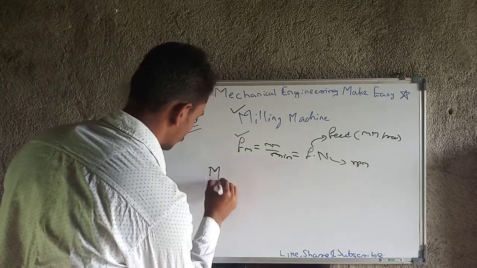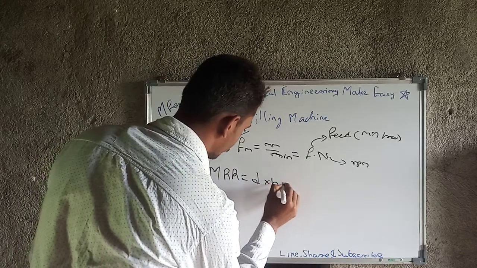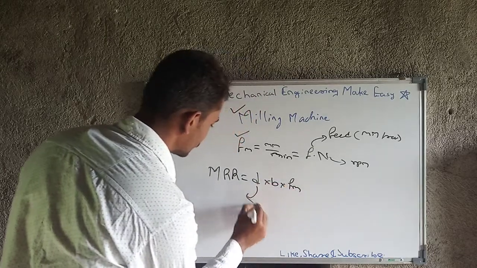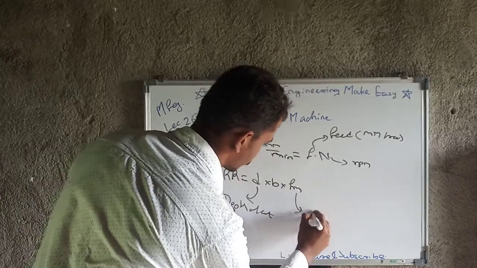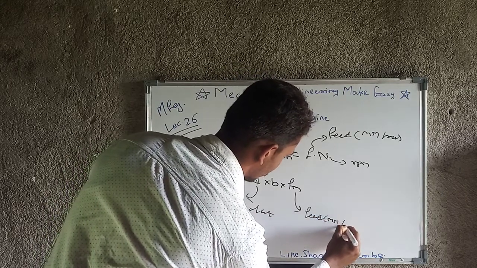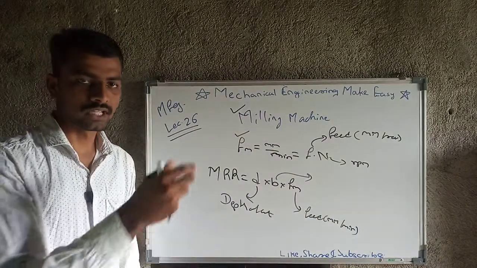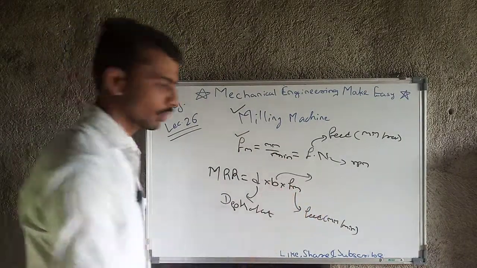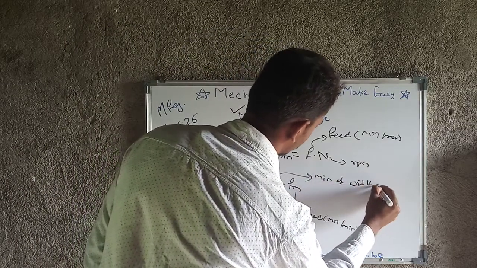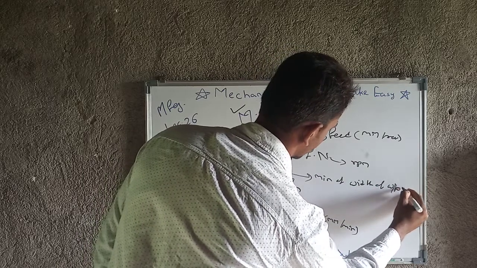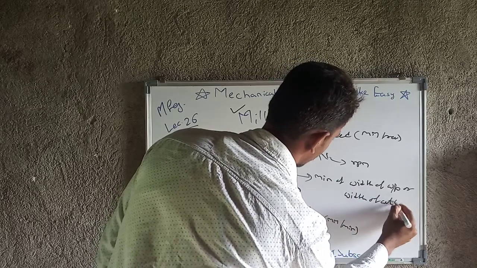Then MRR, that is material removal rate. MRR is equal to d into b into Fm. d is depth of cut, Fm is feed in per minute, and the remaining one is b. b is nothing but the minimum of either the width of workpiece or the width of cutter.